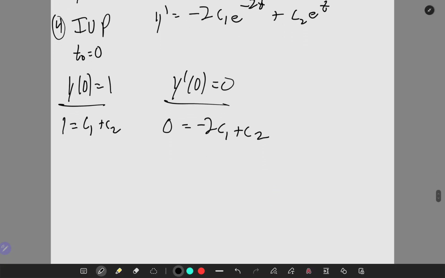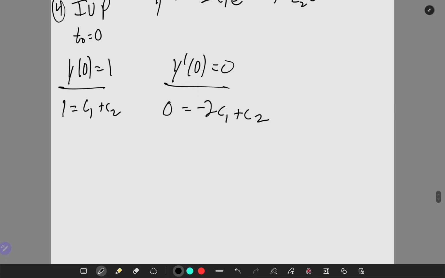This one, I'm just going to use substitution because it's really easy to use substitution with. I'm not going to go through Cramer's rule for this one, but I do highly recommend using Cramer's rule for some of these. As a matter of fact, I'll do this one without it, and I'll do the next one with Cramer's rule, alright?